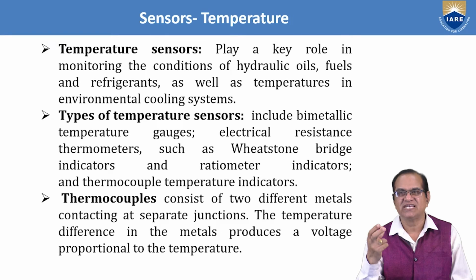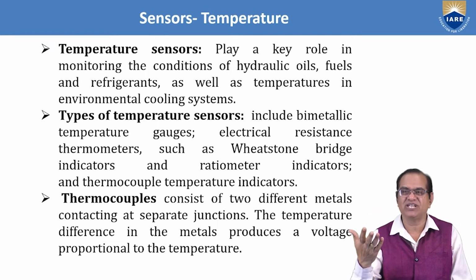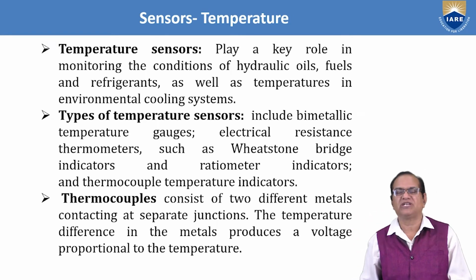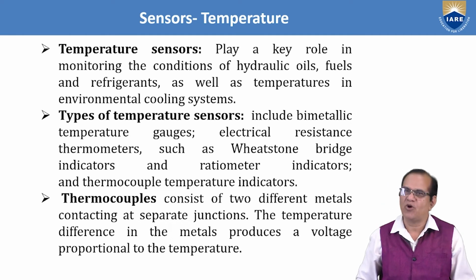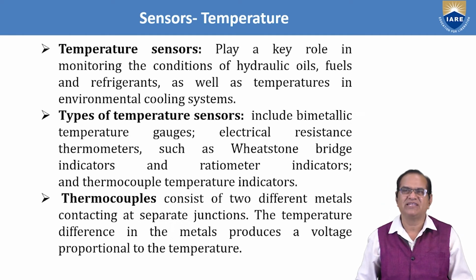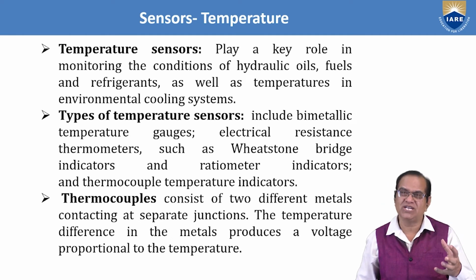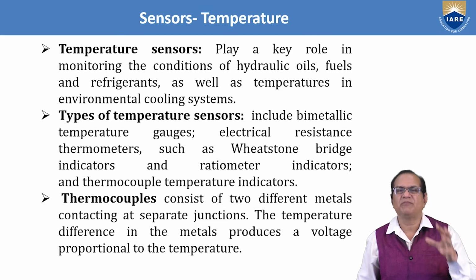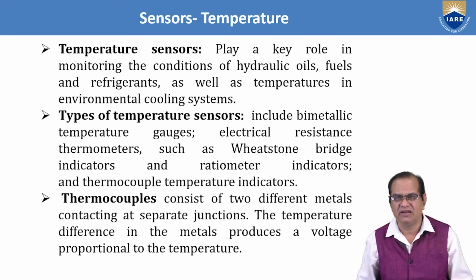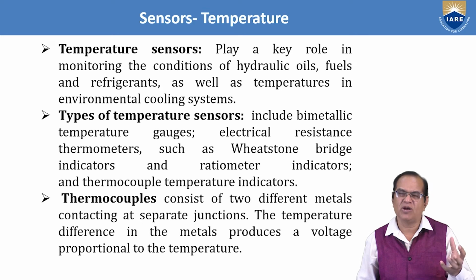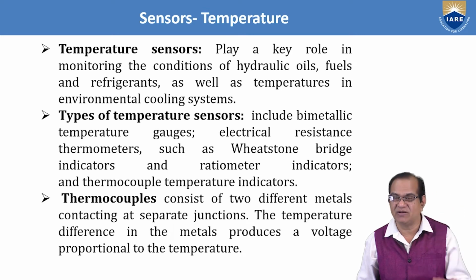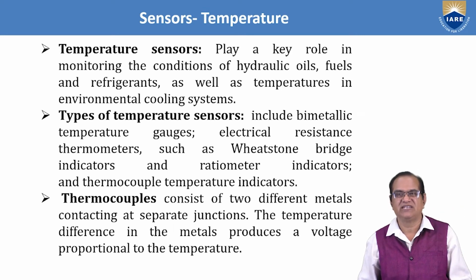That voltage is measured, and it is directly proportional to the temperature of that particular point. That is the principle of thermocouples, and mostly in engines, to measure the engine temperature, we use thermocouples, because thermocouples are metal-type sensors and they can measure very high temperatures as per the engine requirement.